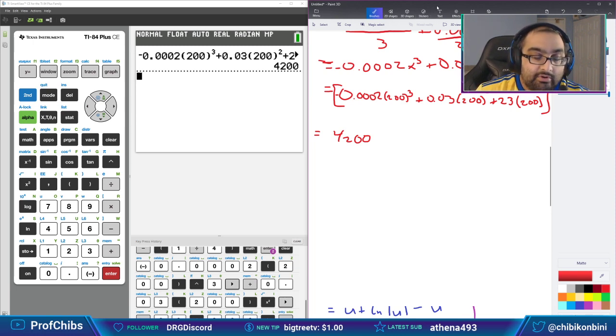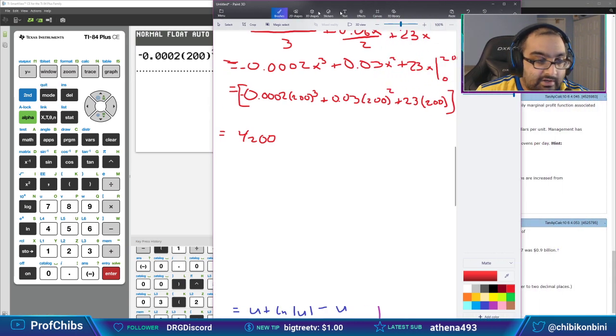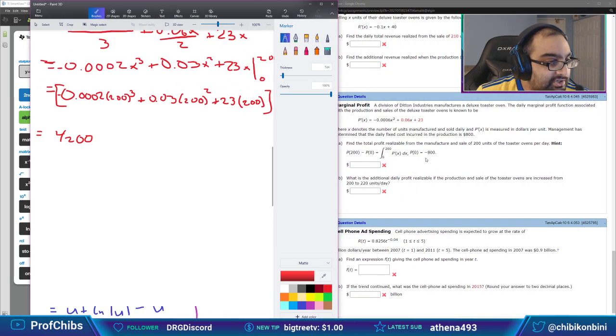Now we do have one more thing that we need to showcase here, and that is they do give us a fixed cost. Our fixed cost is that it costs them $800 to produce these toasters every day, this daily fixed cost. So that's going to cut into your profit. So we're going to take that 4,200 and subtract the daily fixed cost of $800.